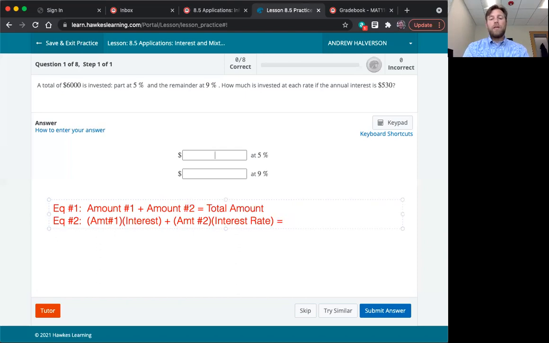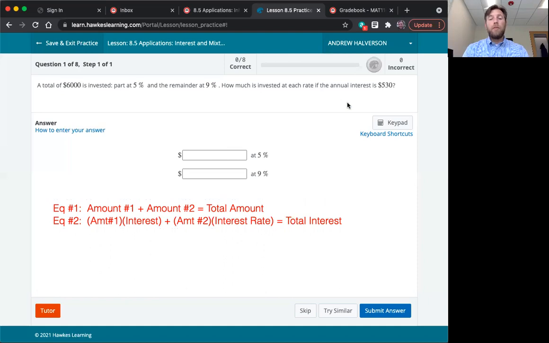And then you want to get the mixture. The mixture is the total amount that you want at the end of the day. In this case, because it's interest, it's total interest that you want. So these are the two general formats we're going to be using for our equations as we approach this problem.